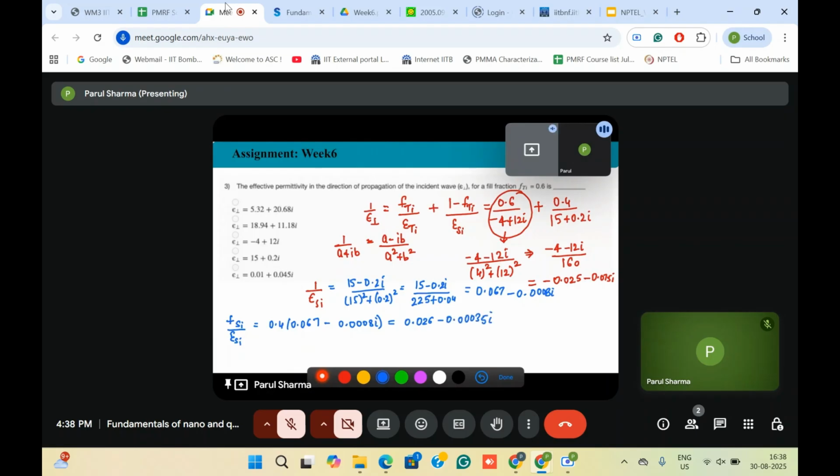This is all math; we can easily solve that. Epsilon perpendicular inverse is equal to minus 0.015 minus 0.0455i plus 0.026. Similarly here also we have to multiply.